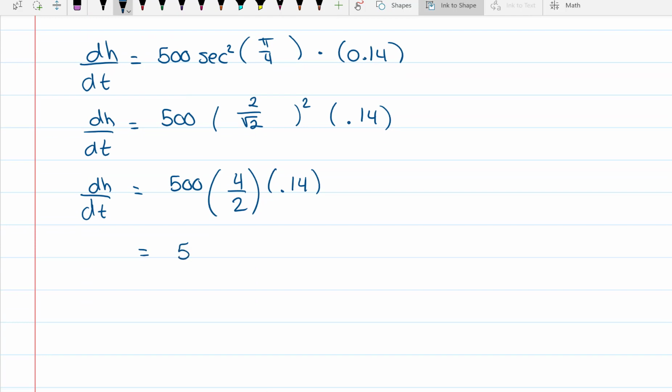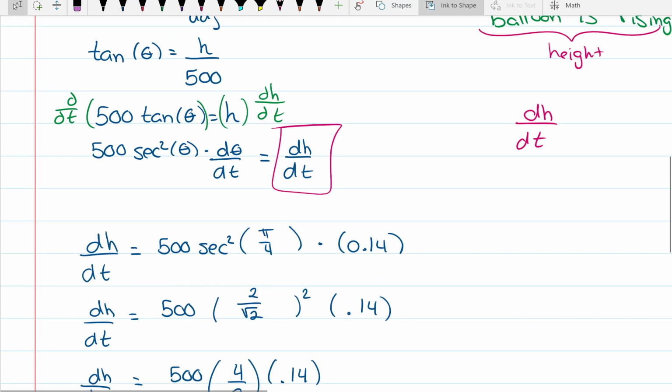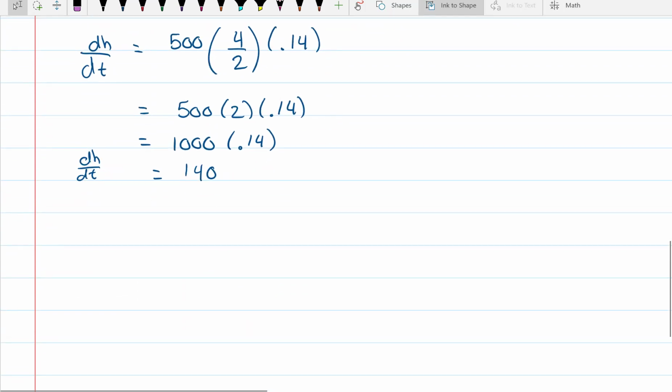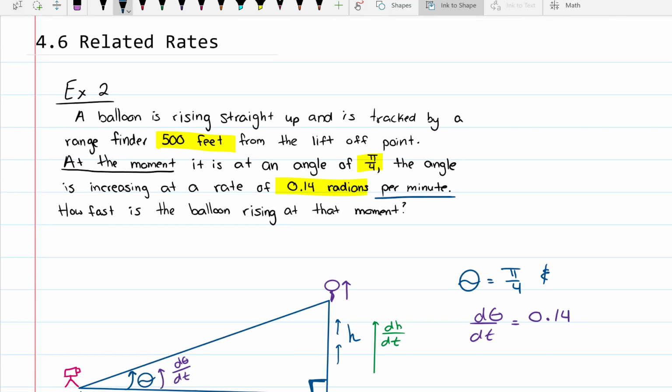So this is 500 times 2 times 0.14, 1,000 times 0.14, and you're going to get 140. So dH dt is equal to 140. But 140 what? Well, our problem was in feet, so it increases at 140 feet per minute, because we know that d theta dt is in radians per minute.